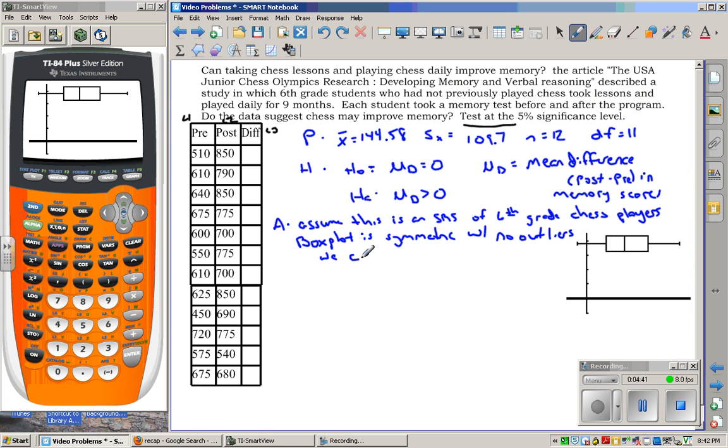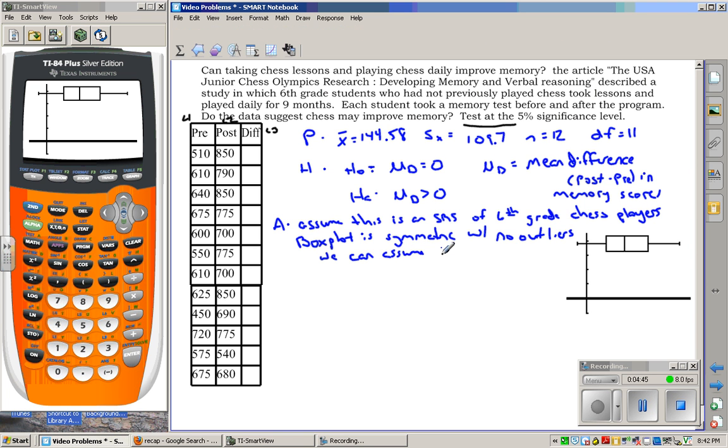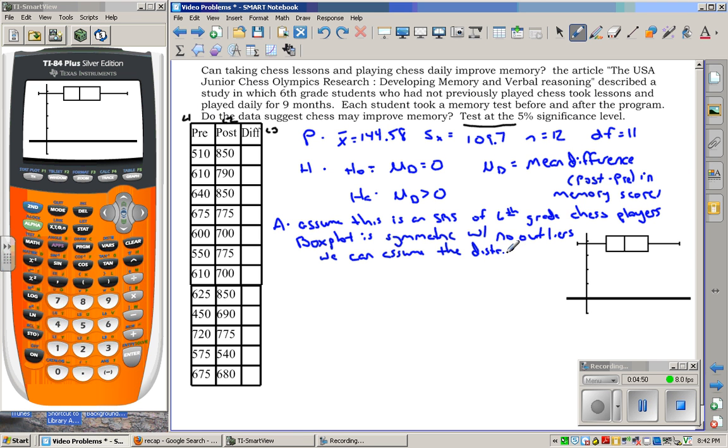We can assume the distribution is approximately normal. And our third assumption is that sigma is unknown. Third condition, it's not really an assumption, it's a condition.